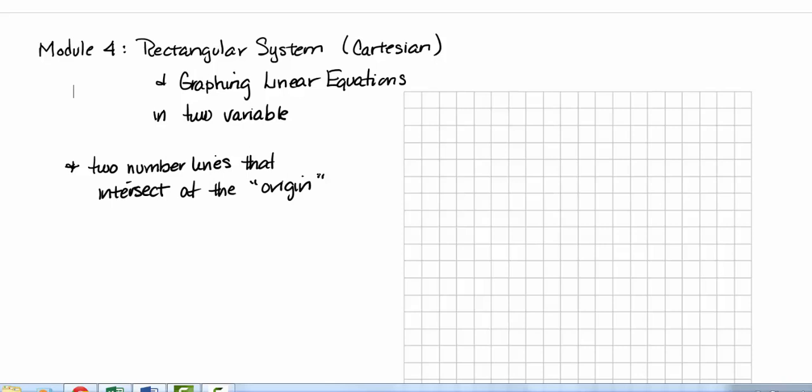Okay, so if I look at my graph paper here, I'm going to draw two number lines. Let's see if I can make it a little bit thicker. So I have one number line here, and that goes on forever. And I have another number line that goes in the vertical direction.